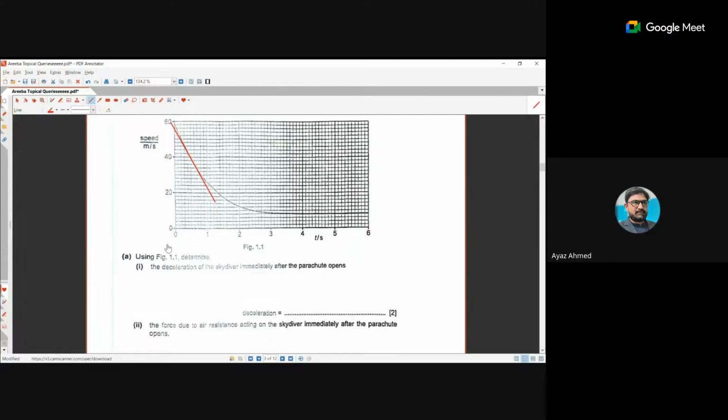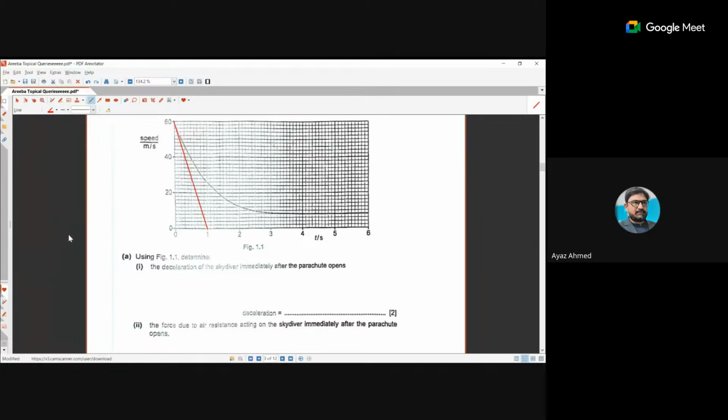Immediately after the release. Immediately after release means we have to draw this line, and the point till it is basically straight. For example, if I draw this line in this way, it becomes a chord line. It's not a tangent line. Once you have drawn this one, it is a tangent line.